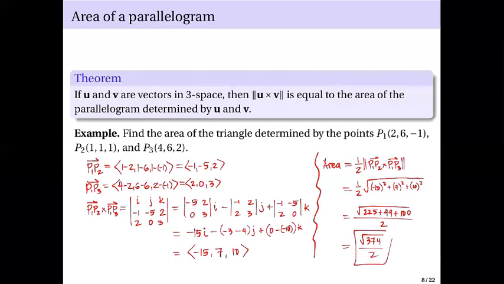And we can just write this as our final answer. Okay? Question? Are we good?